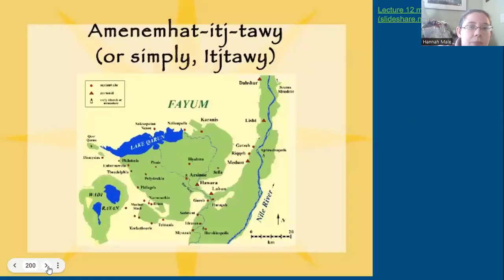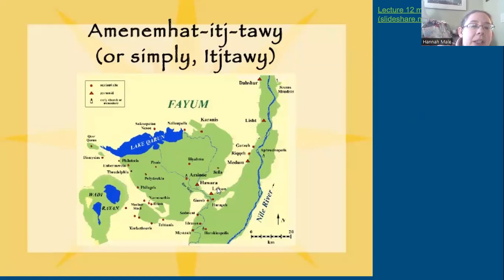This is a map of the Fayum region generally, and the new capital city during this 12th dynasty. So this is the general capital area. Sorry, it's a little bit blurry, so it takes me a little while to find stuff.